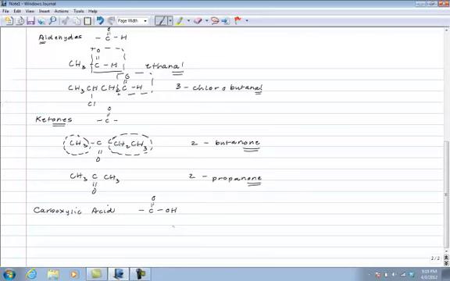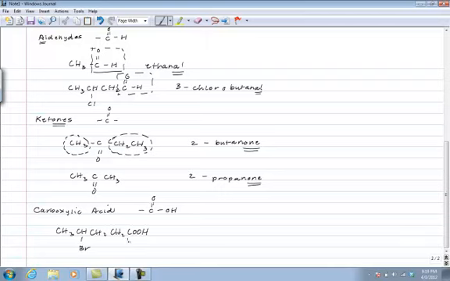So let's look at an example of a carboxylic acid. It too has a special ending. Let's look at CH3, CH2, CH2, COOH, and off the CH we'll stick a Br for fun.